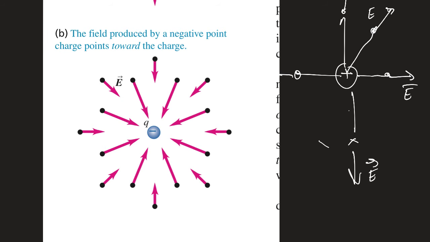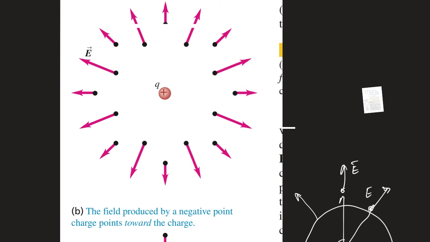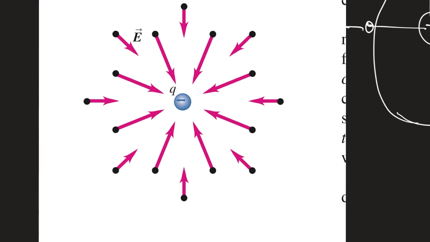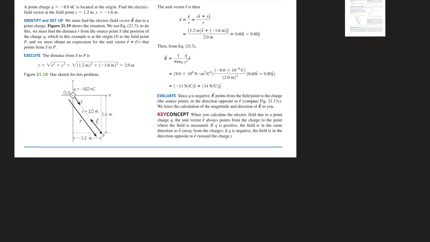So this is the image. If you make a circle of radius r, all the electrical field will have the same value, but the direction will be radially going out. It's like this picture, radially going out, radially going into a negative charge. So I hope you are clear.